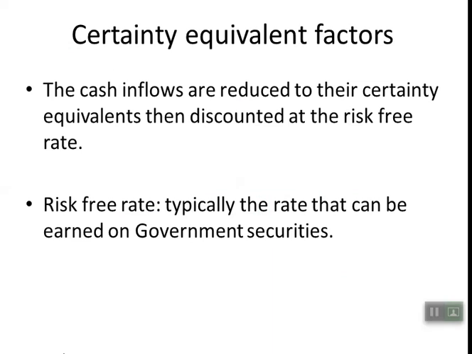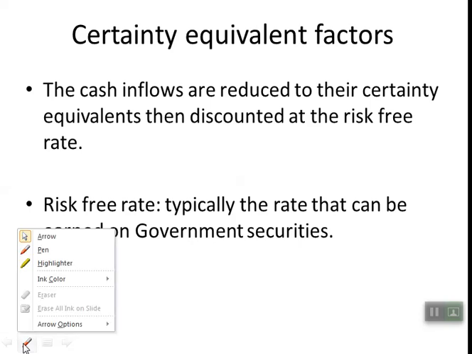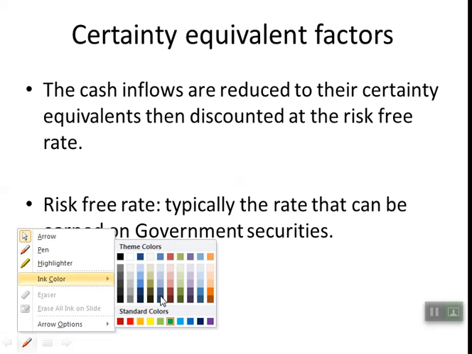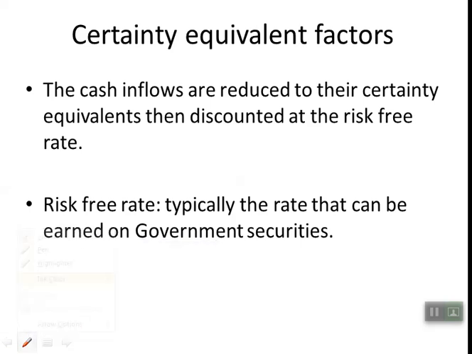So another technique that we are talking about here is the certainty equivalent factor. So that is technique number 2. As far as the certainty equivalent factor, the cash inflows are reduced with their certainty equivalent factor.